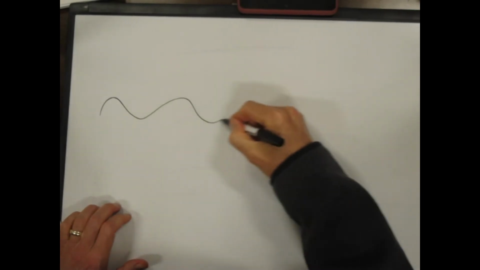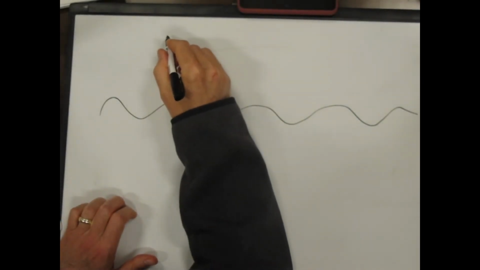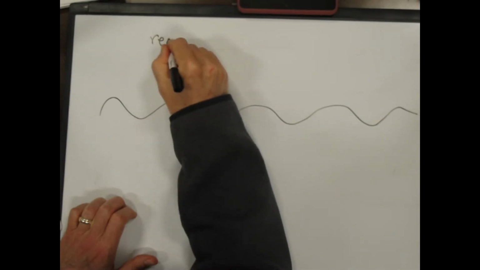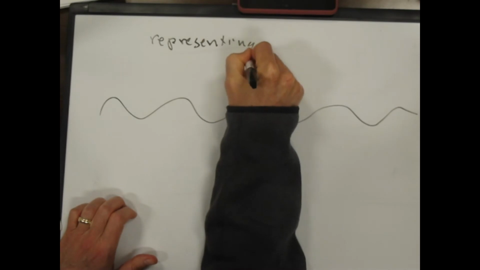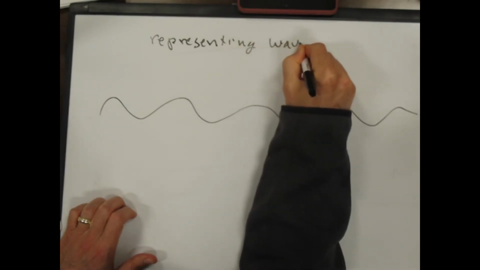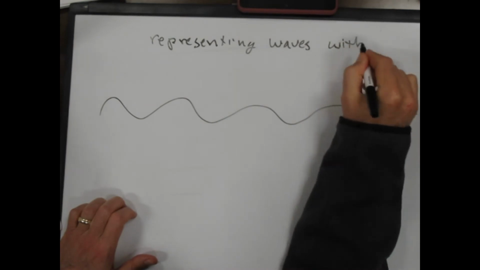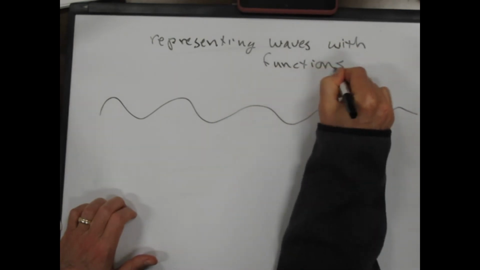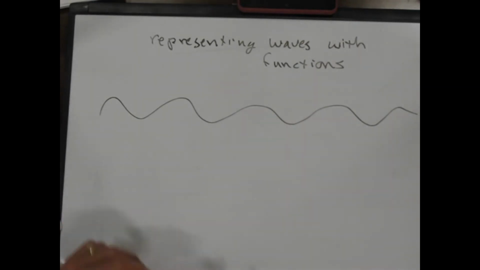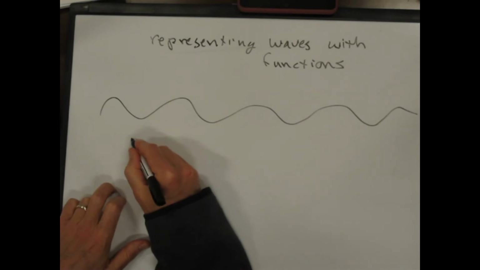So now we have a wave that's traveling this way, say, and what we said was if it's just a stationary wave, I can just represent it this way.